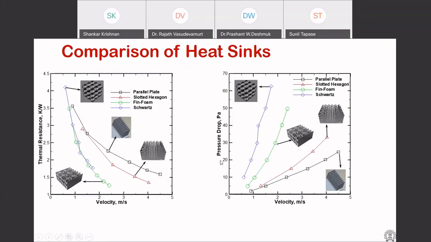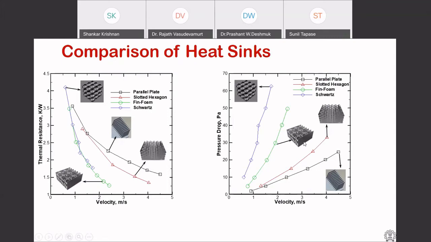If I want a heat sink based only on pressure drop, that is, for a fixed pressure drop, which heat sink gives me better performance, then the slotted honeycomb type heat sinks show better performance. However, if I want something based on pumping power, that is velocity times pressure drop times the area of flow, the fan power, then I don't show that plot here.